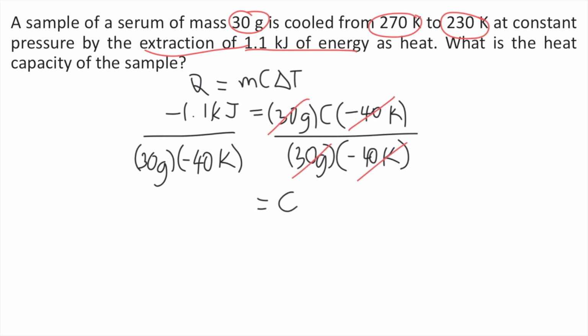On the left side, you need to solve this using your calculator. That's negative 1.1 divided by 30 times negative 40. And you will get approximately 9.17 times 10 to the negative 4.